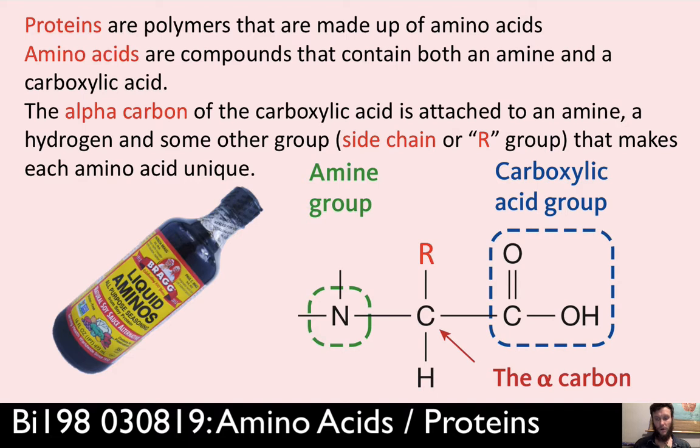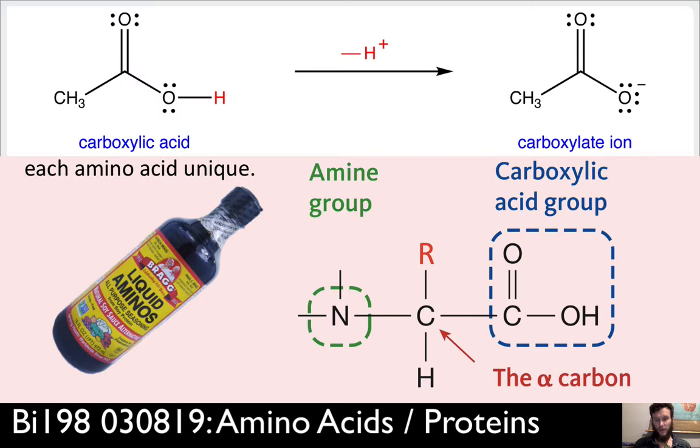And it's called an acid because the proton that's attached to the hydroxyl oxygen is very acidic, meaning that it's very happy to leave its electrons behind and become an H plus ion and leave the rest of the what is now called a carboxylate ion behind with the extra electrons, and thus carrying a negative charge.